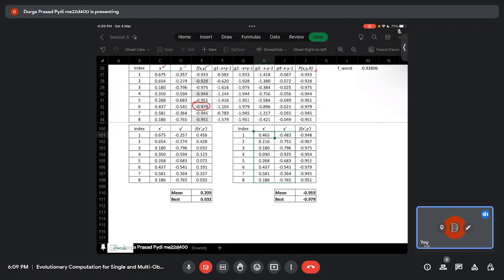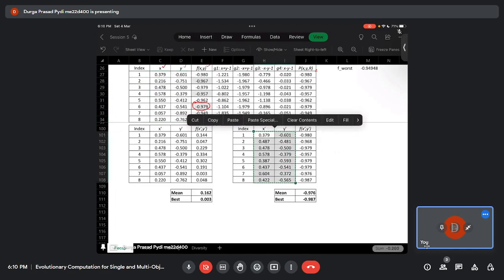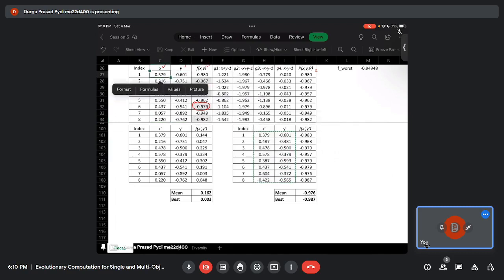Now if you repeat this gradually, you will eventually reach a value of minus 1. We'll just do it quickly. See, the value has already reached minus 0.998.